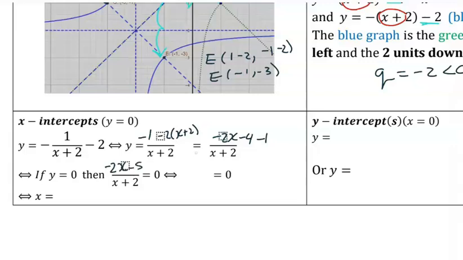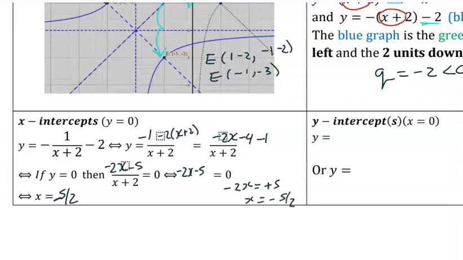So my y will be 0 only when minus 2x minus 5 is equal to 0, and that will happen when x is equal to negative 5 over 2. Because here we get minus 2x is equal to plus 5, so x is equal to minus 5 over 2.